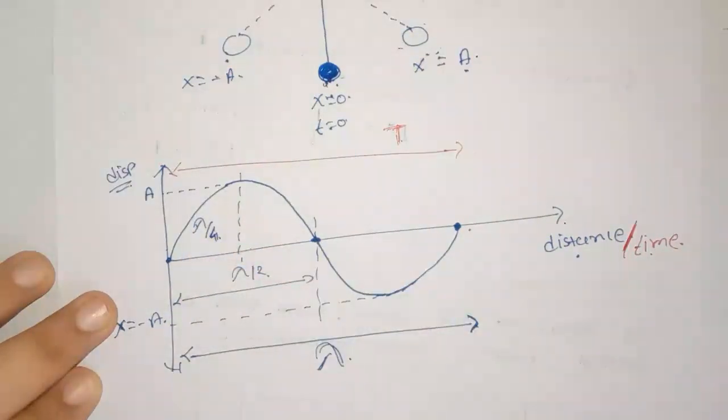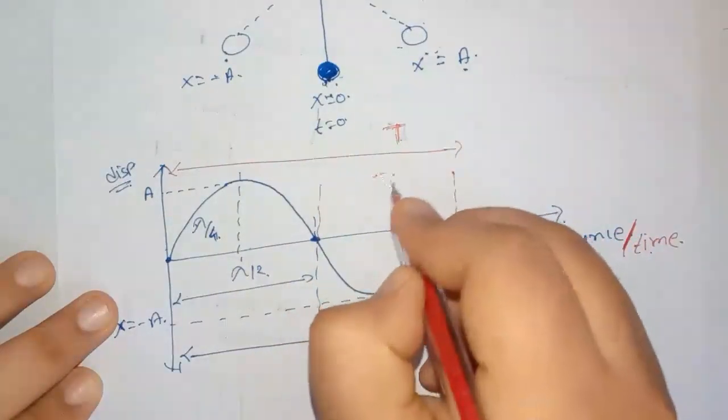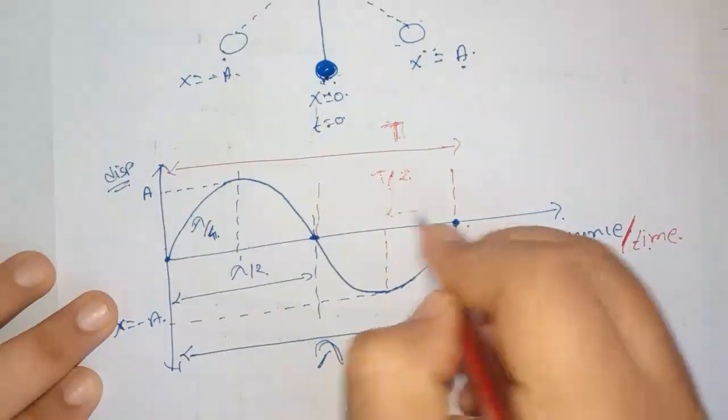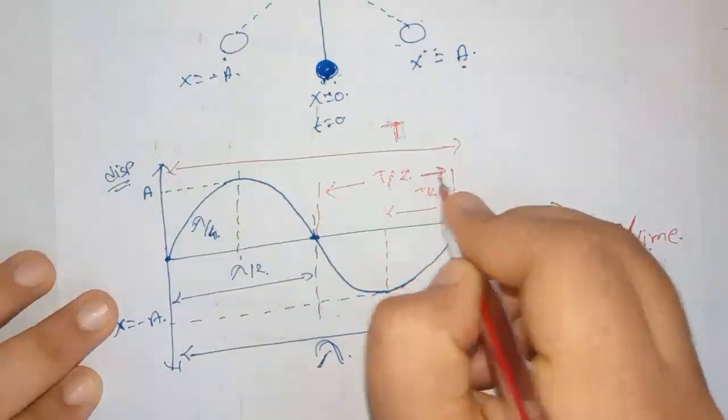Same way, this half will be T by 2 and this will be T by 4 in time.